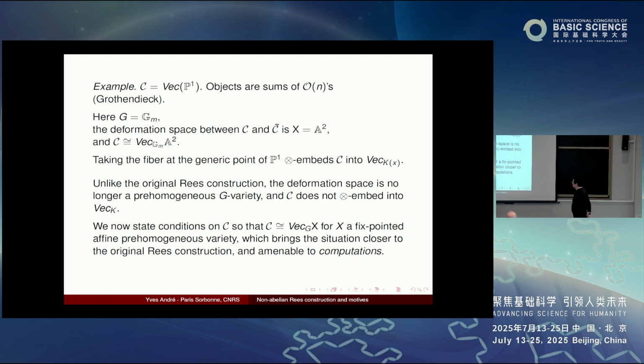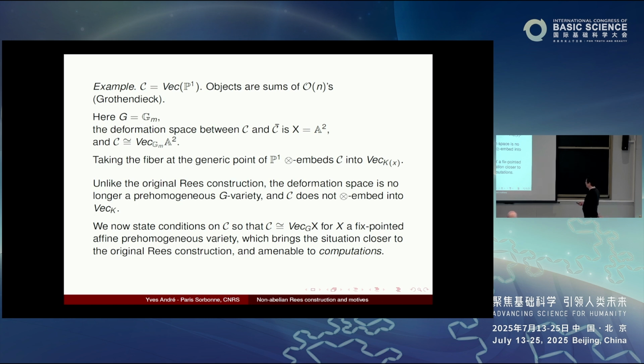So C, the category of vector bundles over P1, is equivalent to the category of G_m equivariant vector bundles on the affine space. And now, taking the fiber at the generic point of P1, we embed C into the vector bundles over K of X.